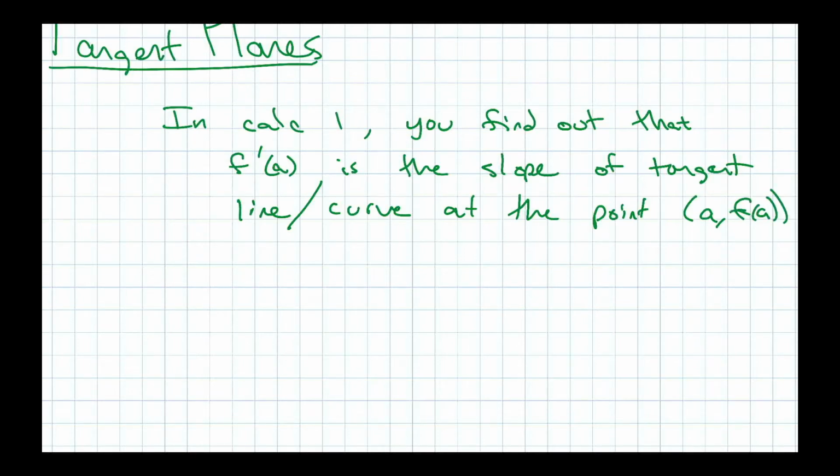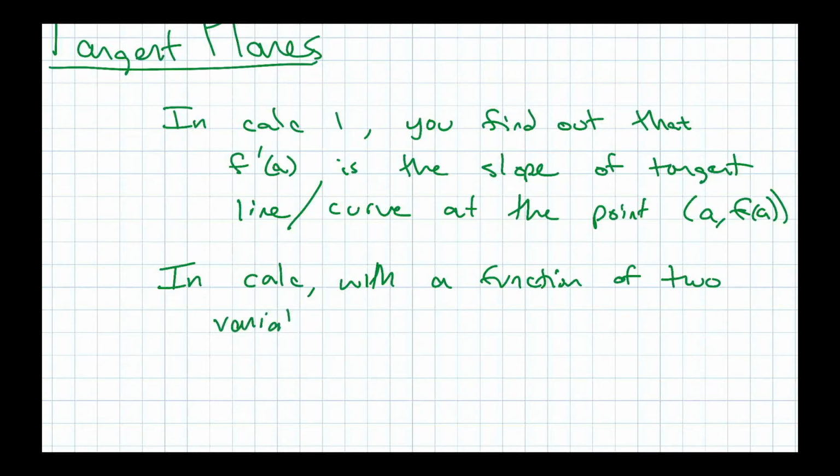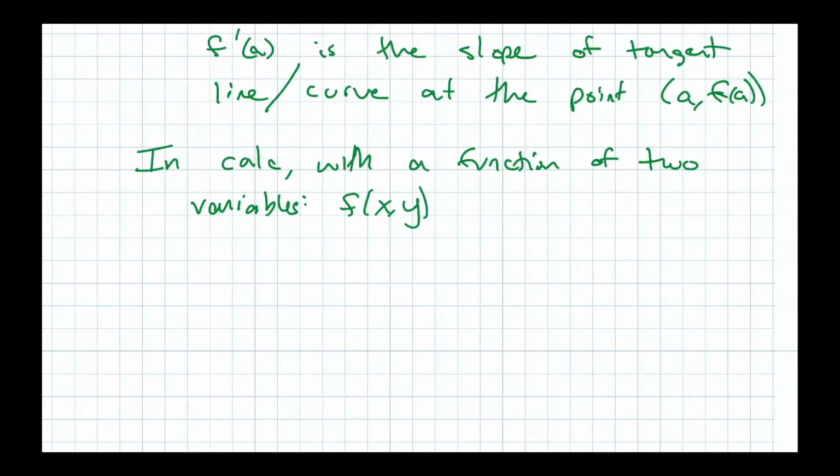Well, in calculus 3, it's a little bit different. In calc 3, with a function of two variables, f of x comma y, we've already learned that there are two slopes we can calculate from here.